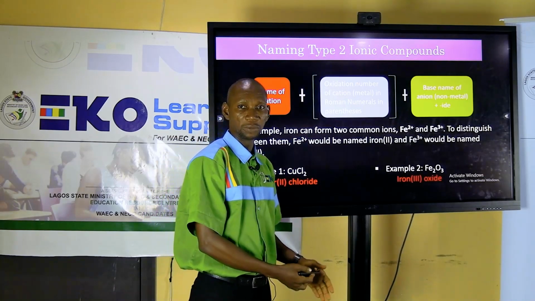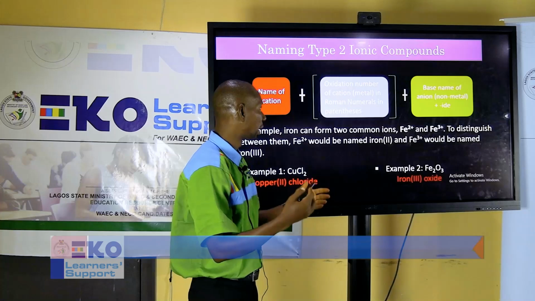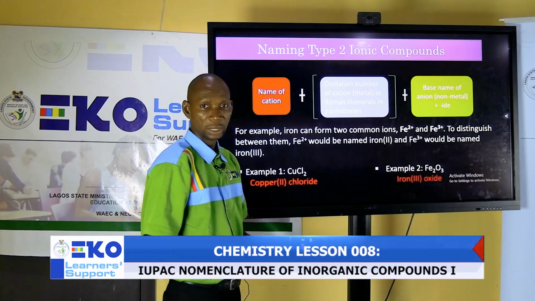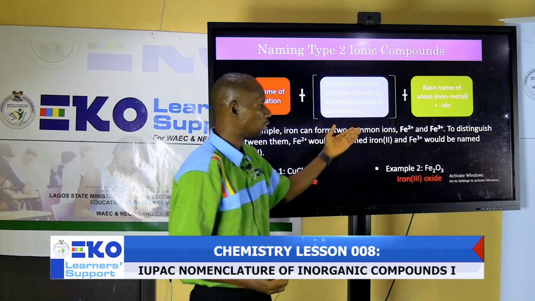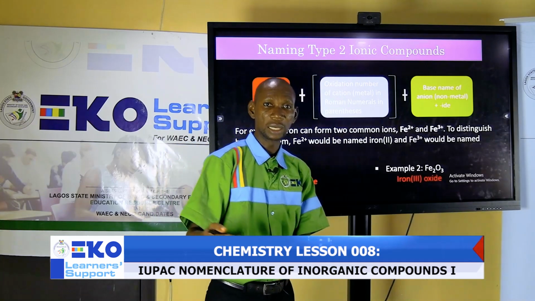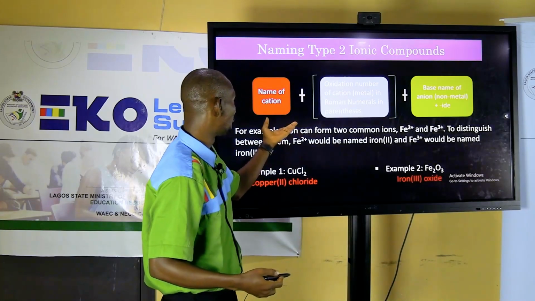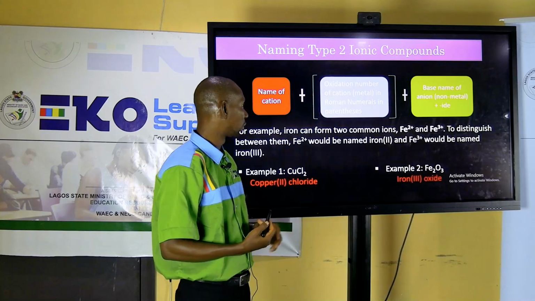Just retain the name of the cation and then change the name of the anion by adding -ide to it. How about naming type 2 ionic compounds? That's where you really have to put a lot of effort, because you need to remember the charges of the transition metal. So the rule here is what? Name the cation, the same rule as the previous one.